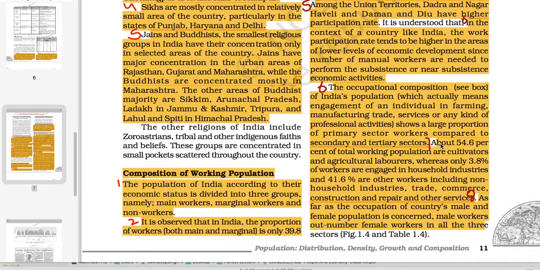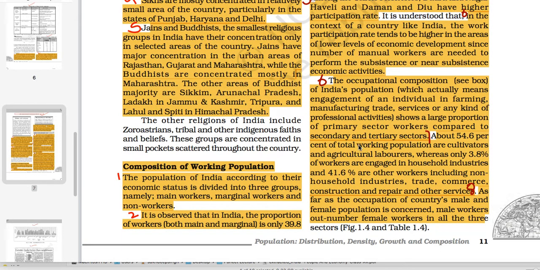Okay, seventh point is about 54.6% of total working population. They are the cultivators and agricultural laborers, means those people who are working in agricultural fields, whereas only 3.8% of workers are engaged in household industries, means small scale industries which they have started at and run from their home.